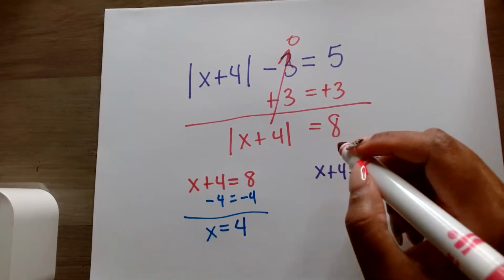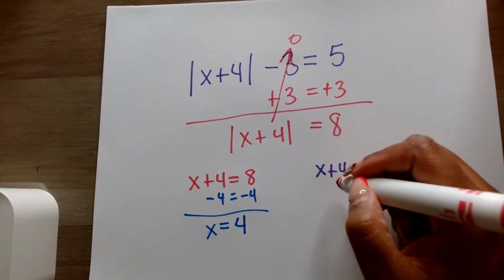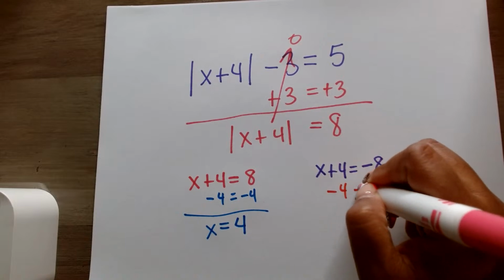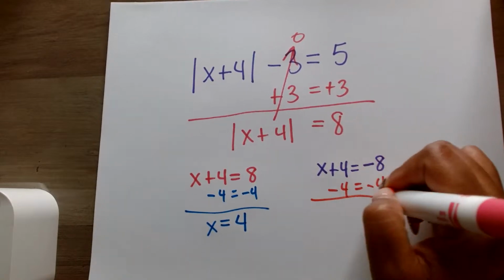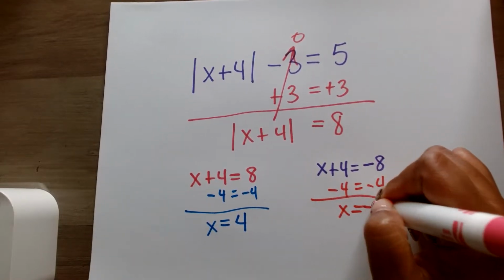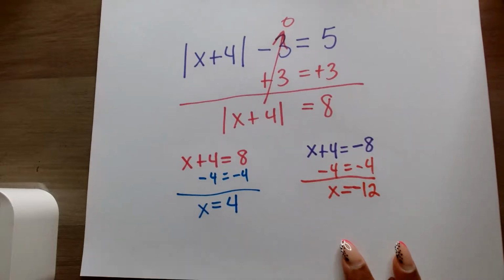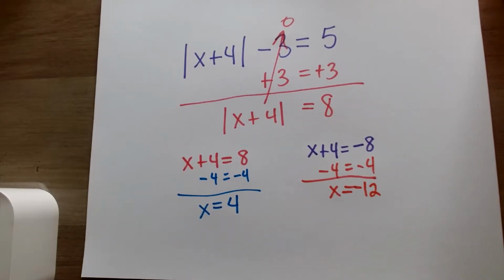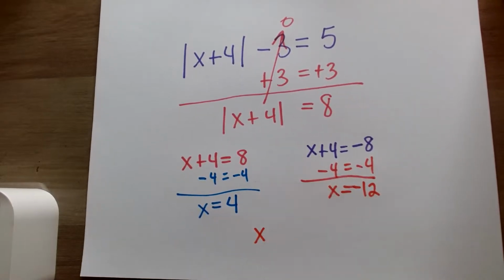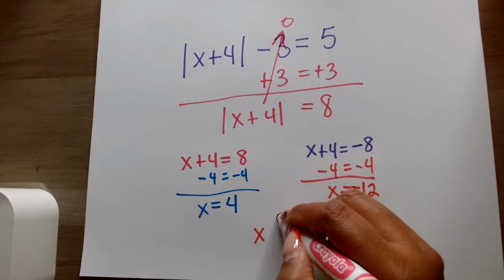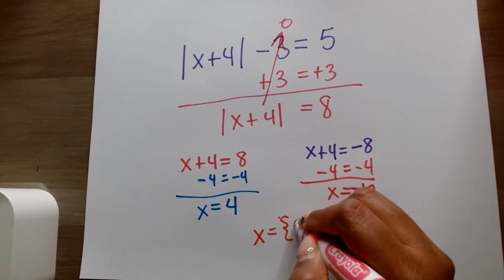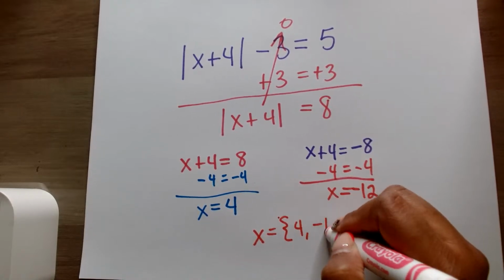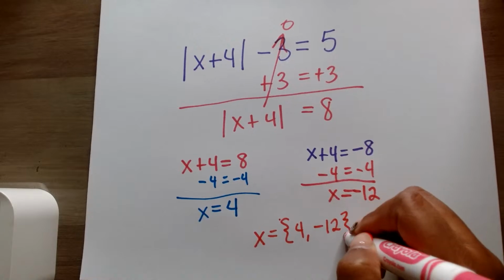And then on this side, we are going to subtract by 4 as well. And x is going to equal a negative 12. So our problem here, x has 2 solutions. It is 4 comma negative 12.